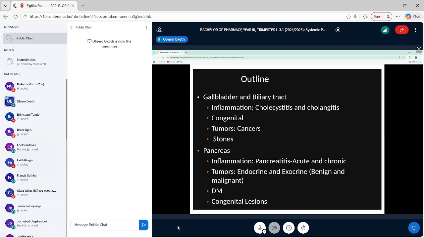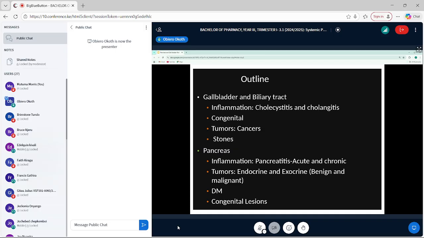Okay? For the pancreas, endocrine tumors do occur, but the main one we fear, the fourth leading cause of cancer death, is the exocrine carcinoma. Diabetes mellitus, not really. In histopathology, we don't deal with diabetes mellitus.